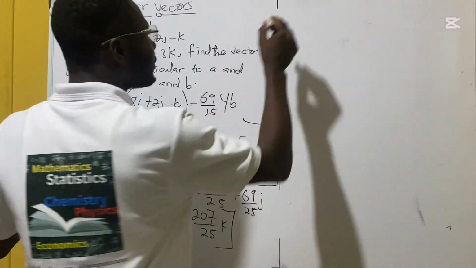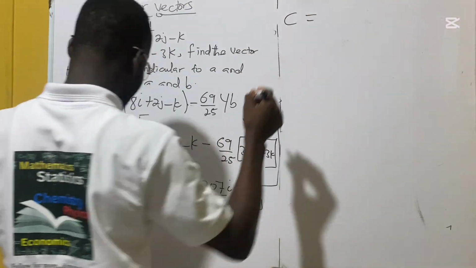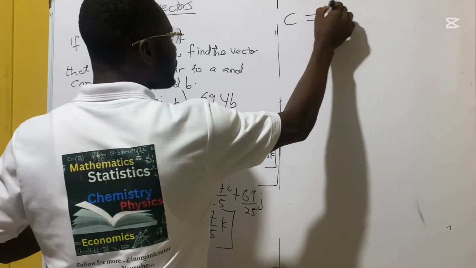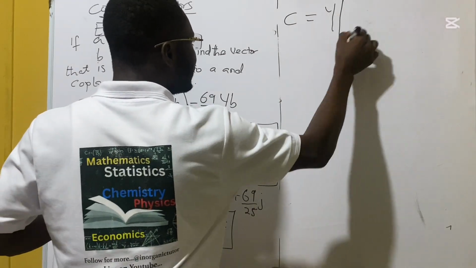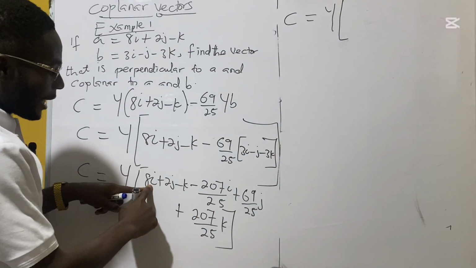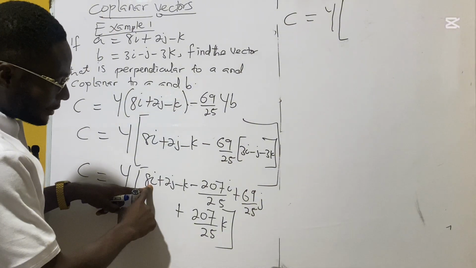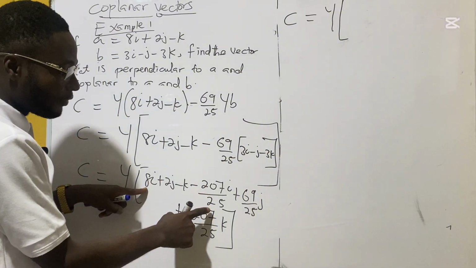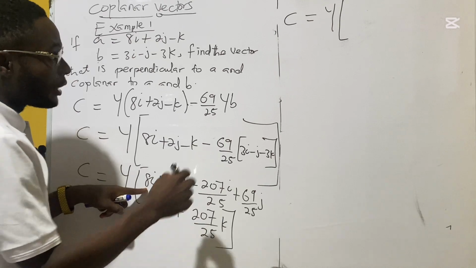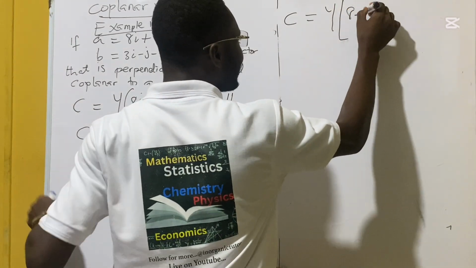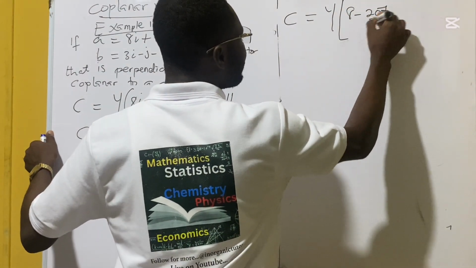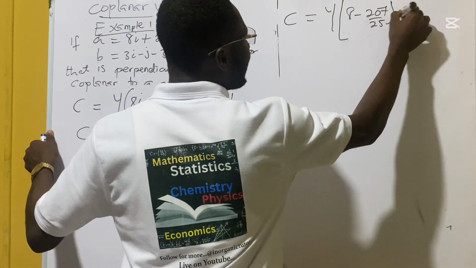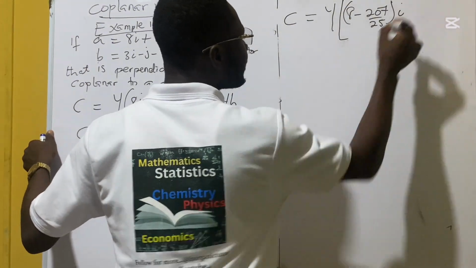From here, we can say that our C is equal to gamma into 8i plus 8i minus 207 over 25. So that is basically 8 minus 207 over 25 i, right?